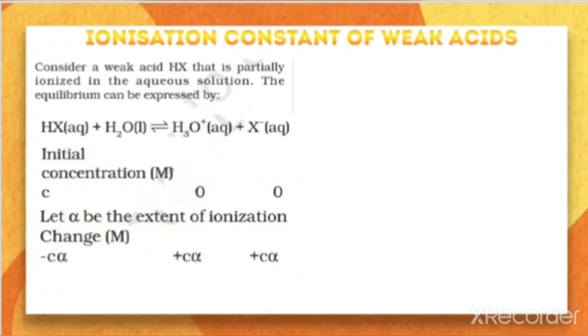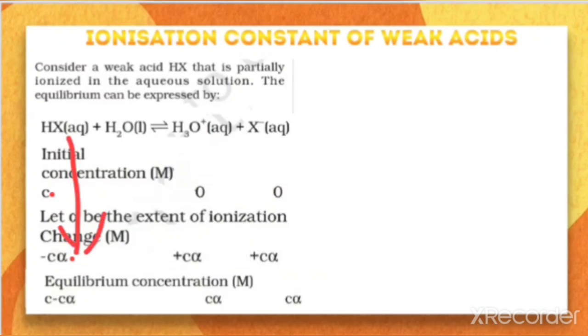So what will be the concentration at the equilibrium stage? The equilibrium concentration is equal to the initial concentration plus the change. For HX, C alpha is decreased, so that is C minus C alpha, the initial concentration minus how much is decreased.